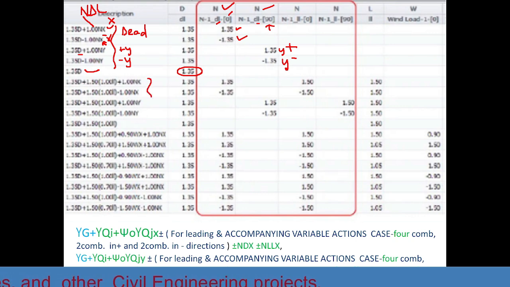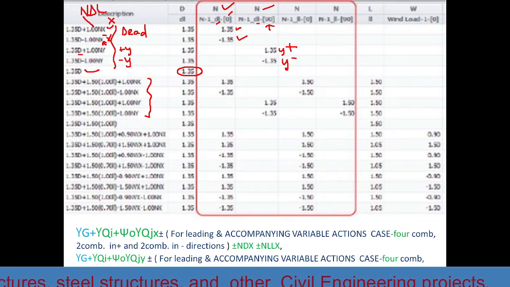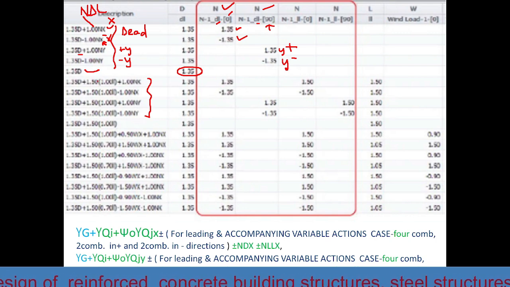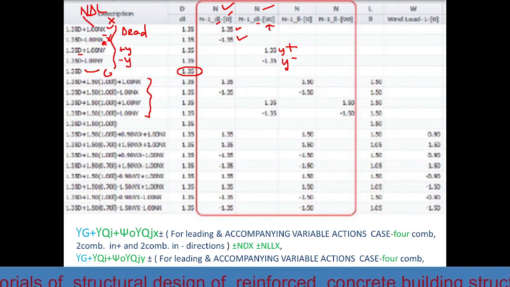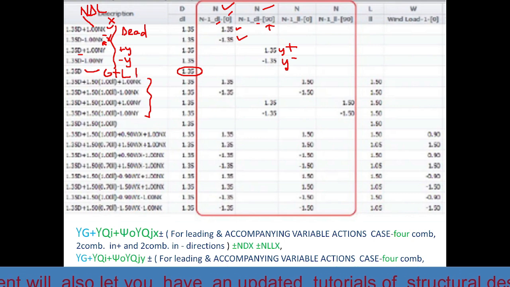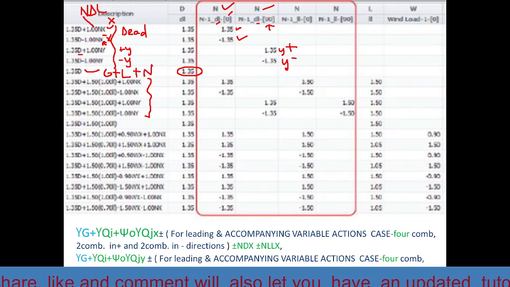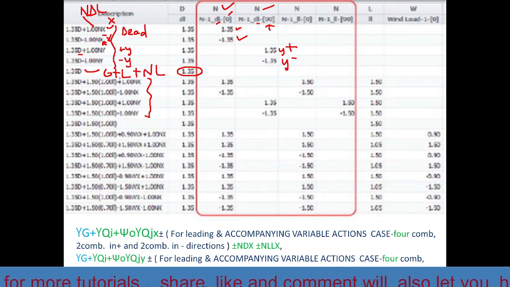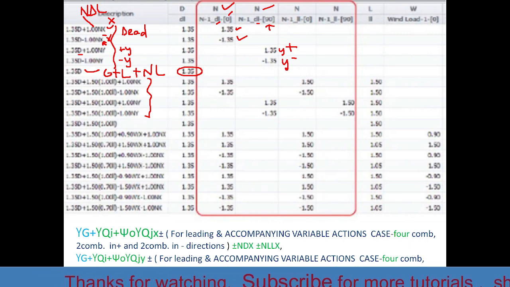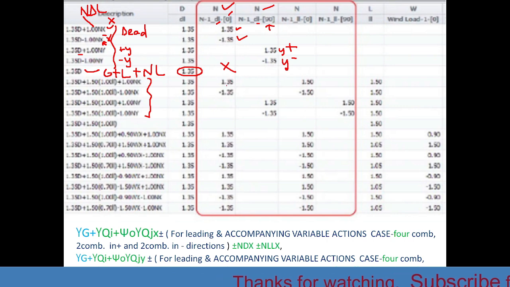So here we'll have also four combinations. This is gravity load plus live load plus notional load. Here we have in x direction.